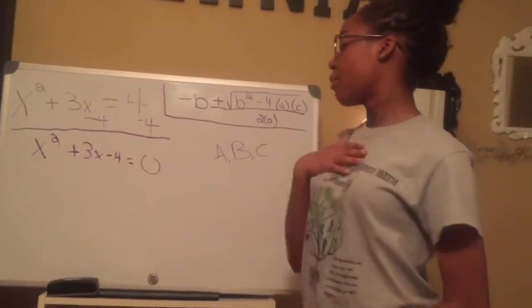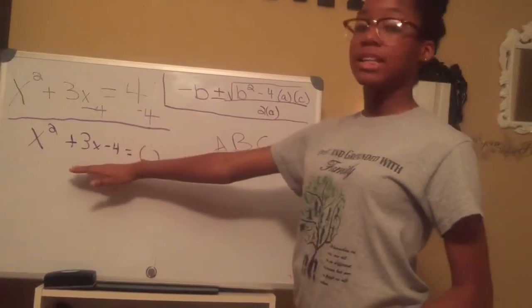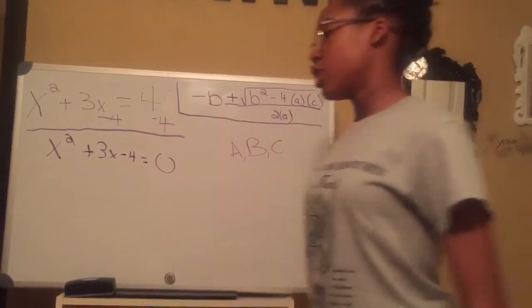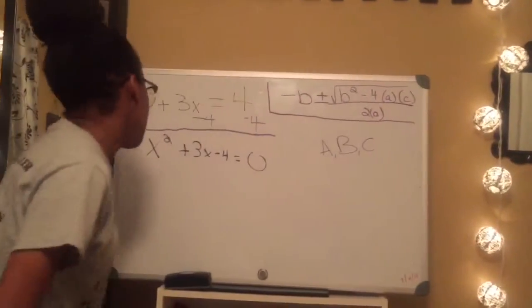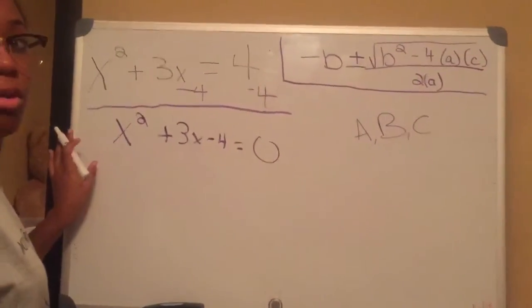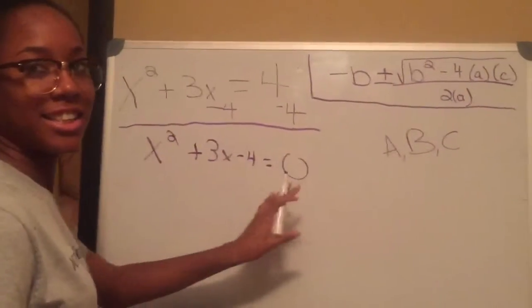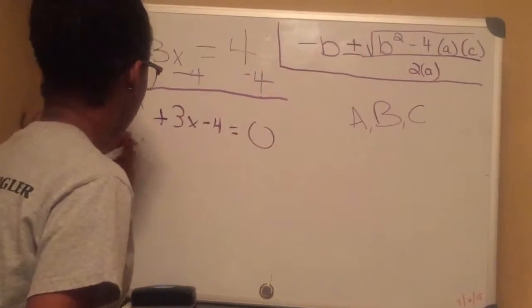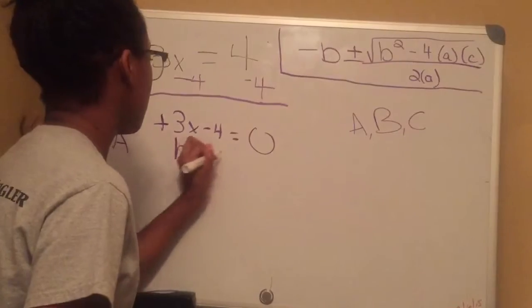So now that we have everything on the same side, we can use our ABC. To use our ABC, we must go in order from left to right. So this will be A, this will be B, and this will be C.